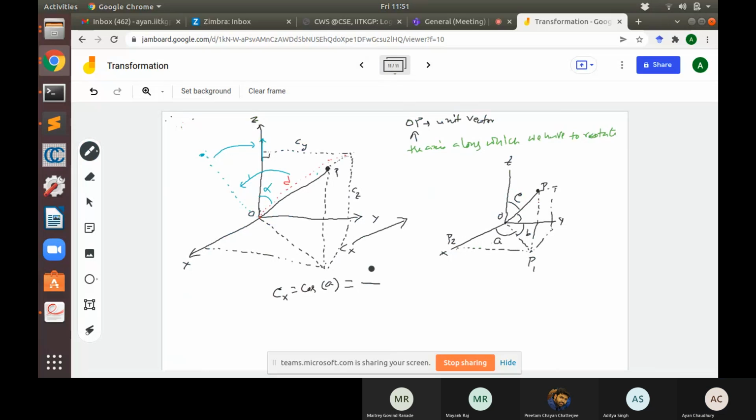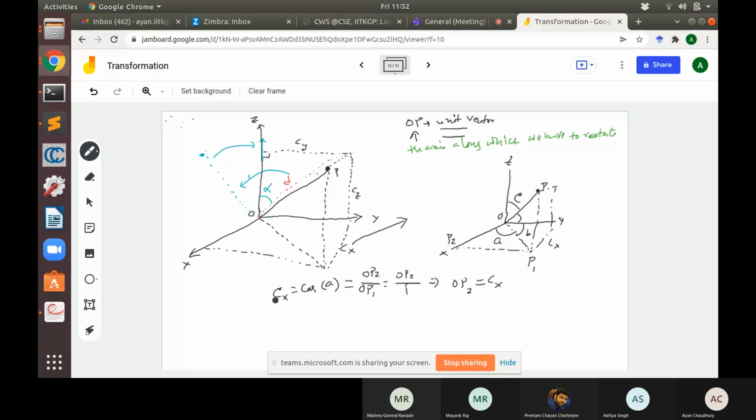So the cosine of A is OP2 by OP1, that is, the base over the hypotenuse. This is a unit vector, so OP1 is equal to 1. That means OP2 is equal to Cx, so this is also Cx. That's what we have written here.